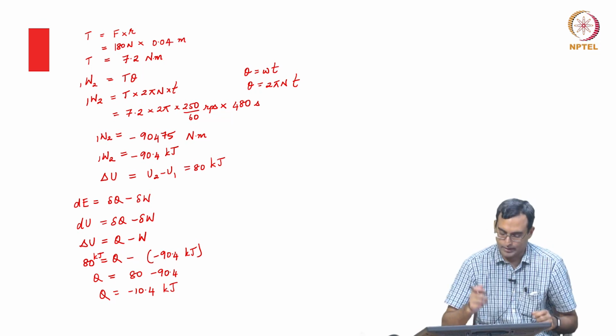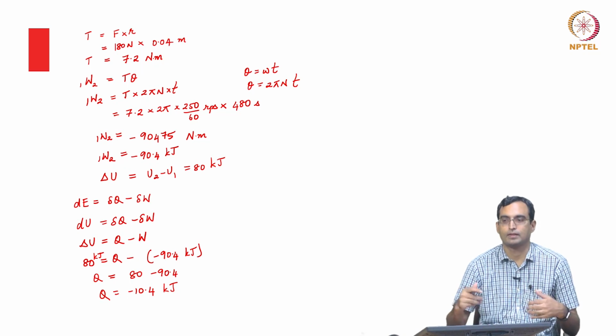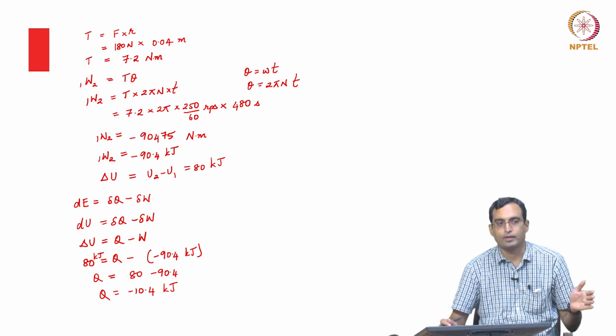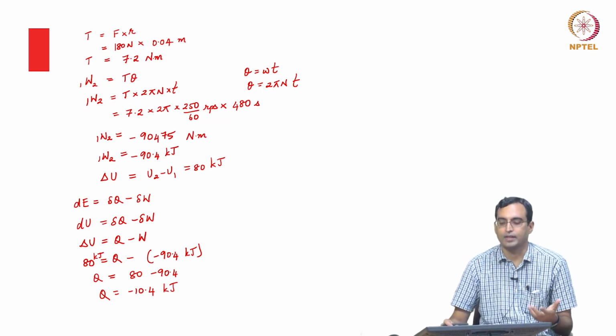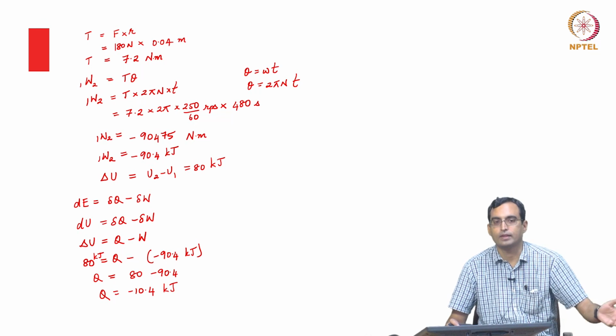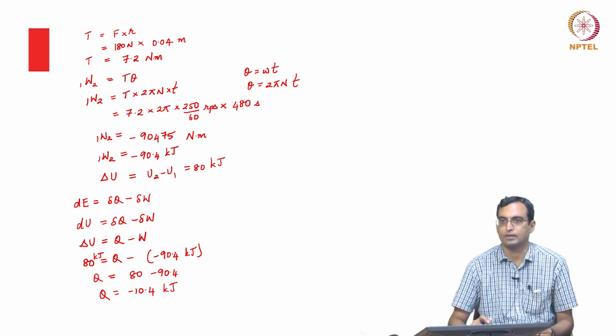So again we see that the heat is negative, which means there is heat transfer out of this system, which is what we would expect. By doing work on this shaft while it is rotating, when trying to remove material, the shaft gets heated, its internal energy increases, its temperature also increases, and then it loses heat to the atmosphere, which in this case has a value of this.